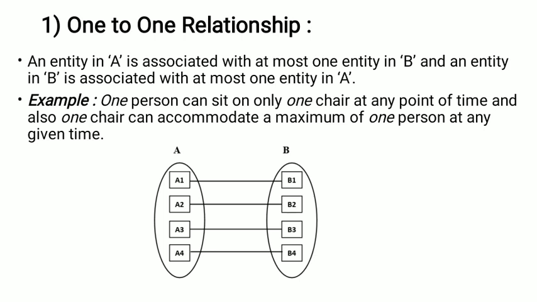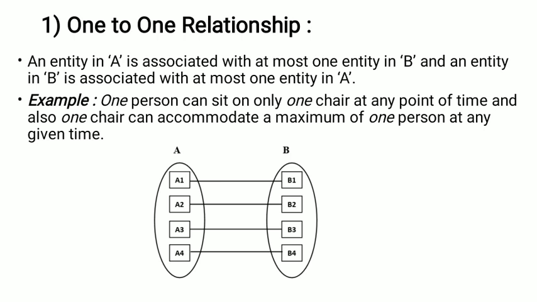As shown in the given figure, entity set A contains instances A1, A2, A3, A4, and entity set B contains instances B1, B2, B3.